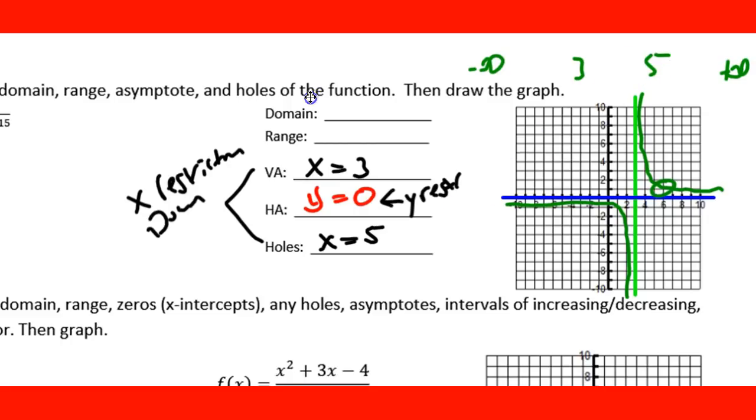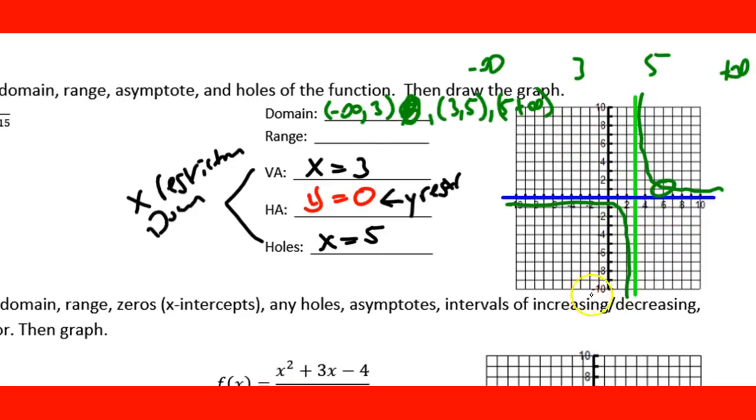So there we go. We have negative infinity to 3. Alright, you can do this union symbol, or a comma. Doesn't matter. Same thing. 3 to 5. And 5 to positive infinity right there. Alright. That's our domain.